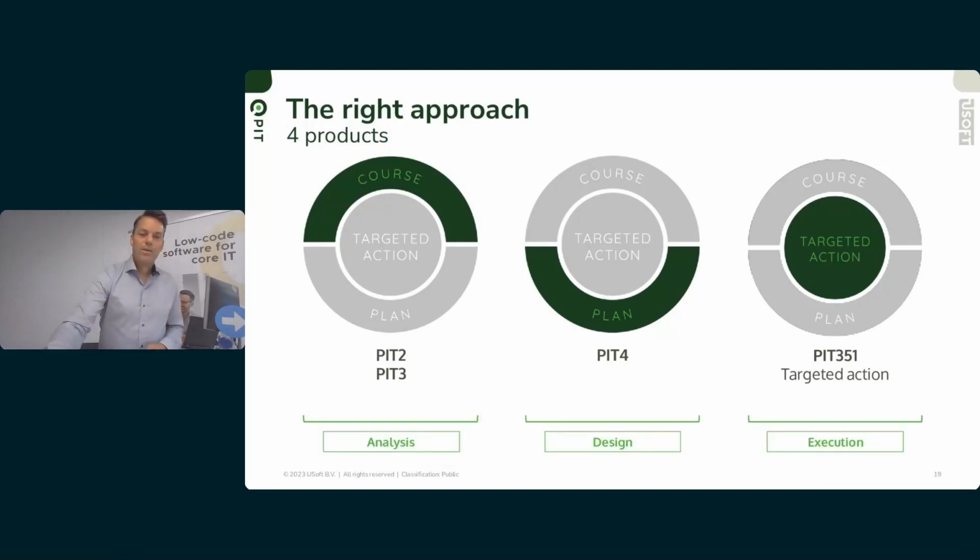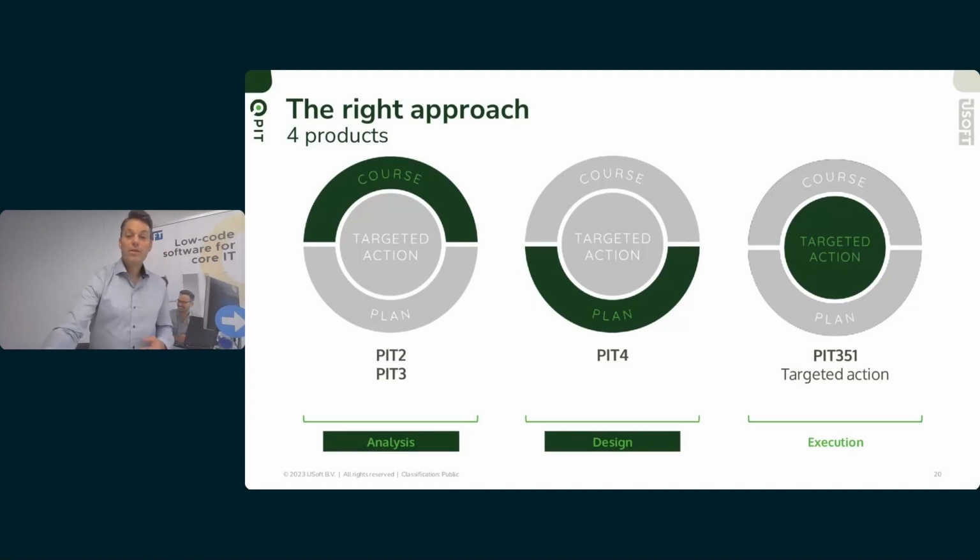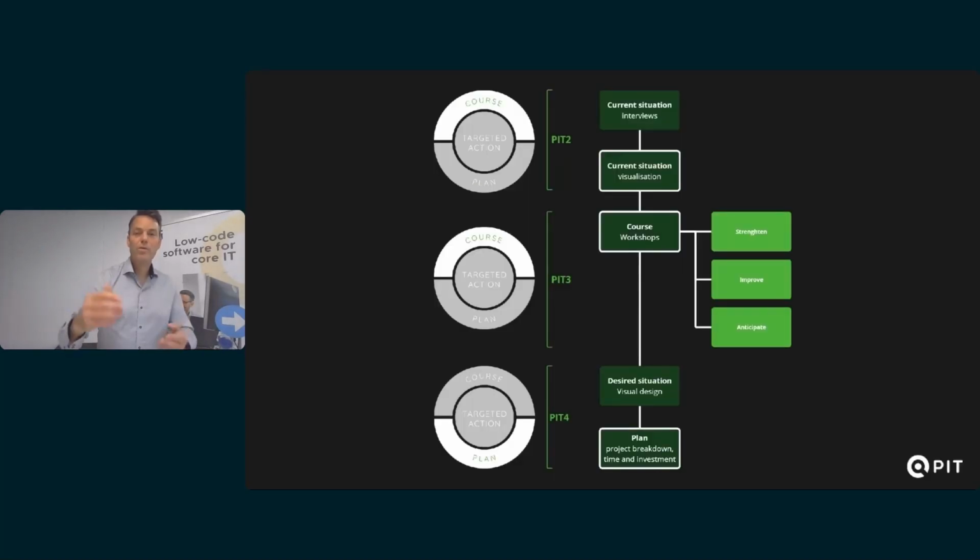So the right approach, let's dive into the first 3 products. It's 3 coherent products. If you put them in a timeline, you can see we start with PIT 2. We create a visual representation of the current situation based on interviews.